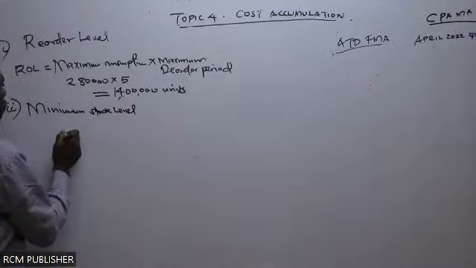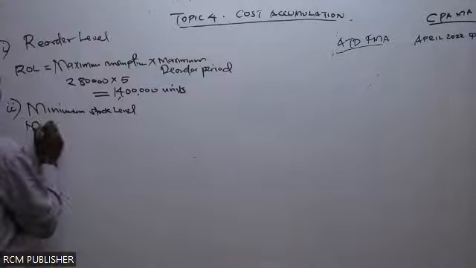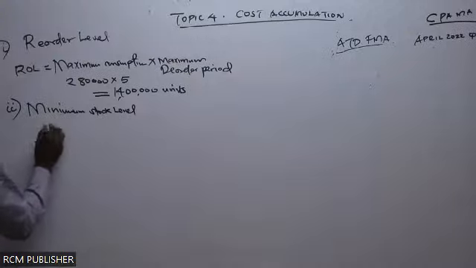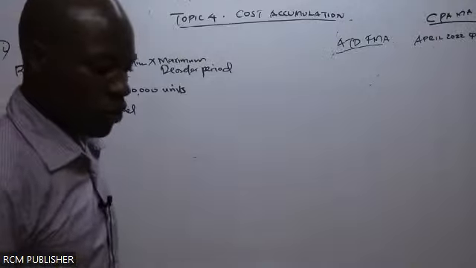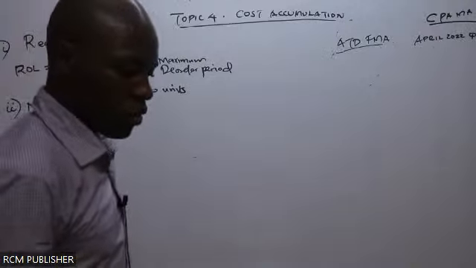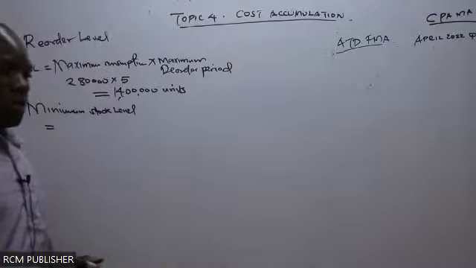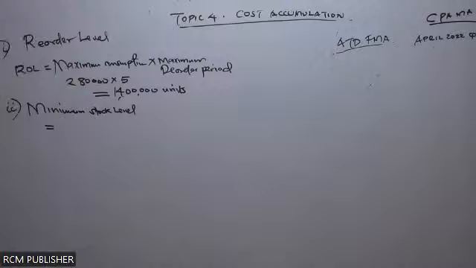So minimum stock level. Minimum stock level is equivalent to reorder level minus normal consumption times normal lead time.